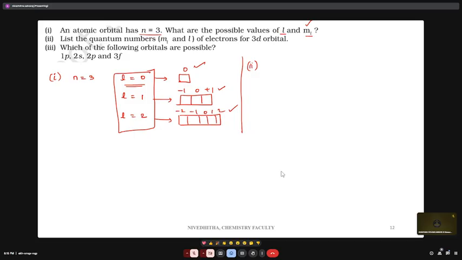Second question. List the quantum numbers, that is magnetic and azimuthal quantum numbers, of electrons for 3d orbital. In 3d orbital, could you please tell me the value of l and ml?